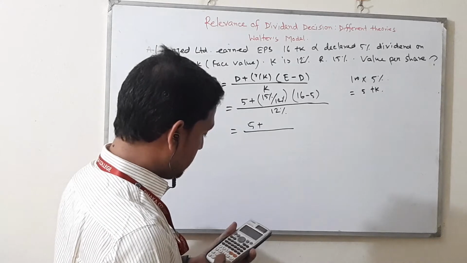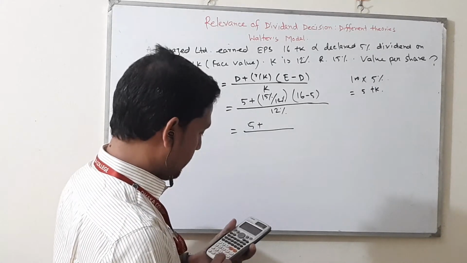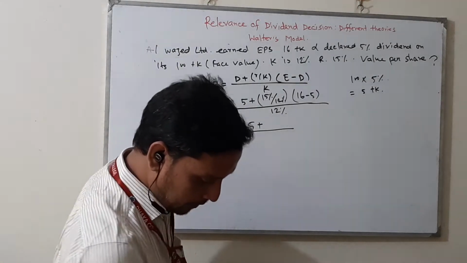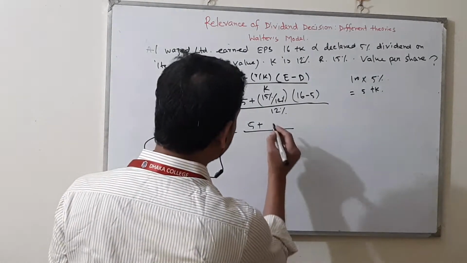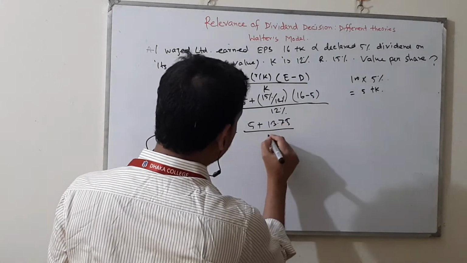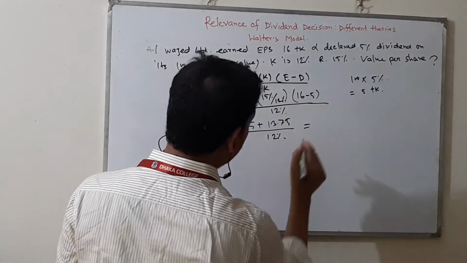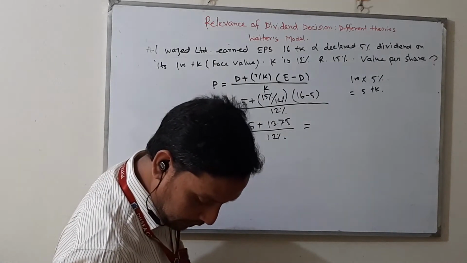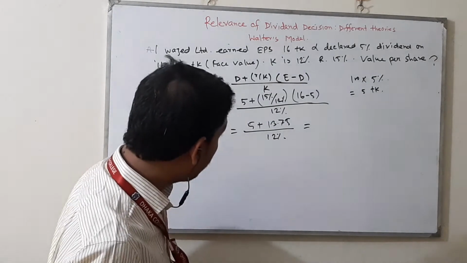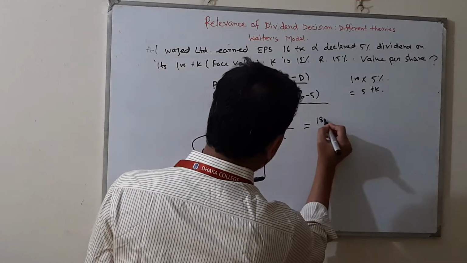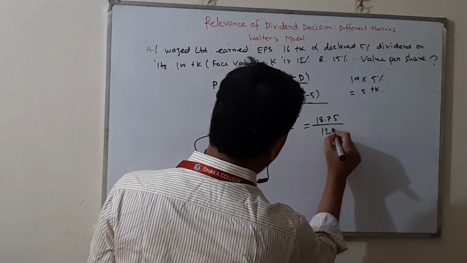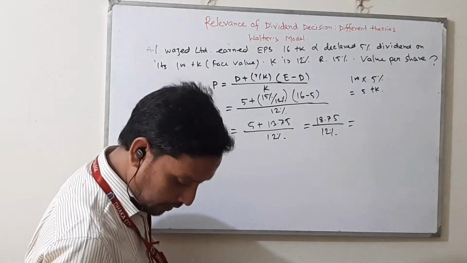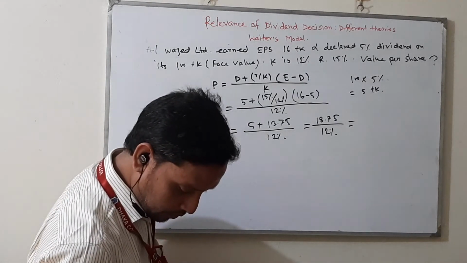That gives 13.75, plus 5 is 18.75, divided by 12%, I mean 0.12.